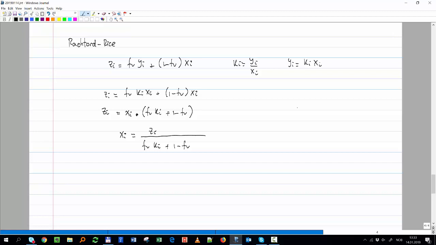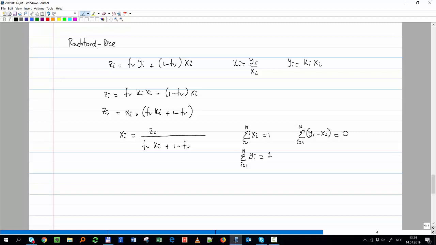Okay, so the next step is to say that I know that the sum of xi from i equals 1 to n will be 1, right? And the sum from 1 to n of yi will be 1, okay? Therefore, the sum of yi minus xi from i equals 1 to n should be equal to 0, right?